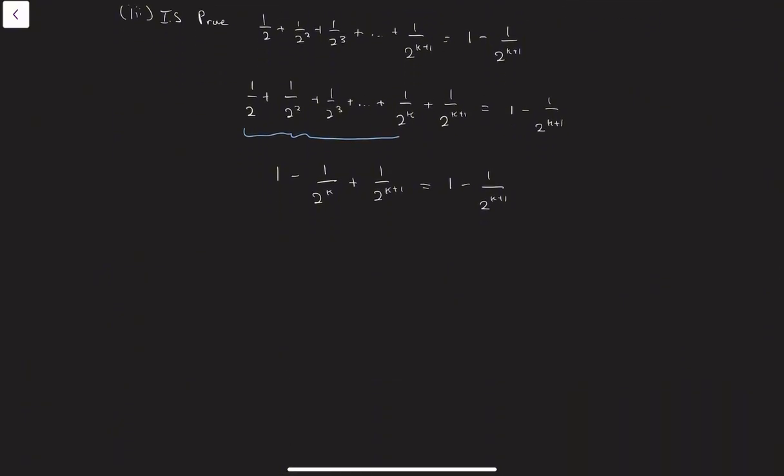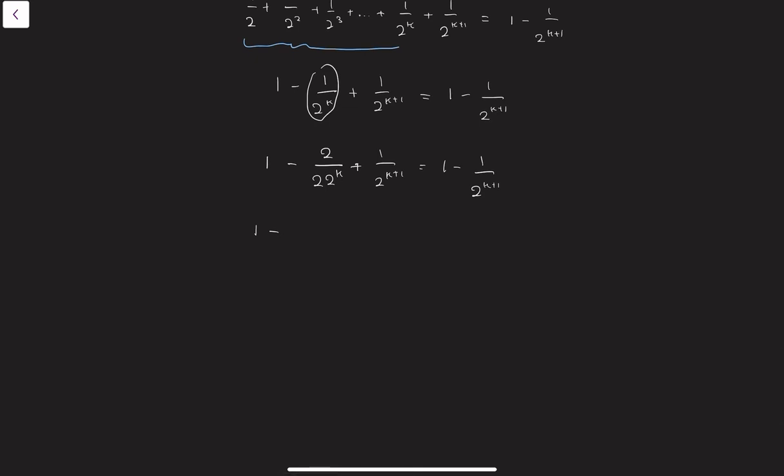Now on the left-hand side, let's represent the top and the bottom with 2 to the k plus 1 for this term. What do I mean by that? 1 minus, well, if we multiply the top and bottom by 2, we'll have it like this, plus 1 over 2 to the k plus 1, and that's equal to 1 minus 1 over 2 to the k plus 1.